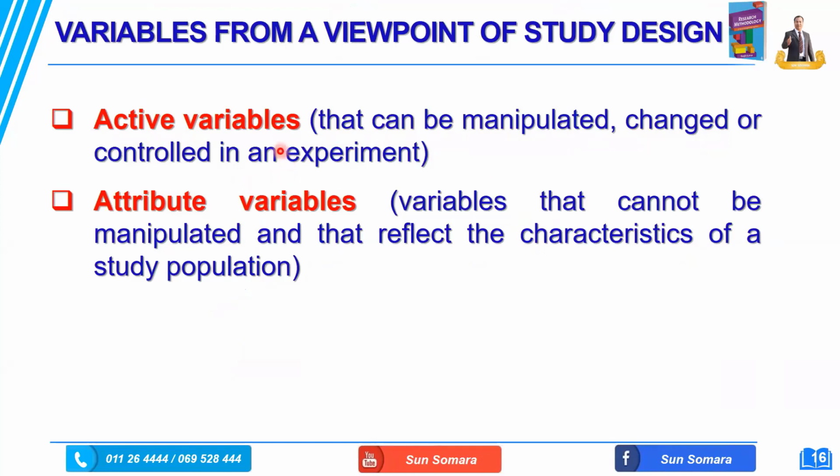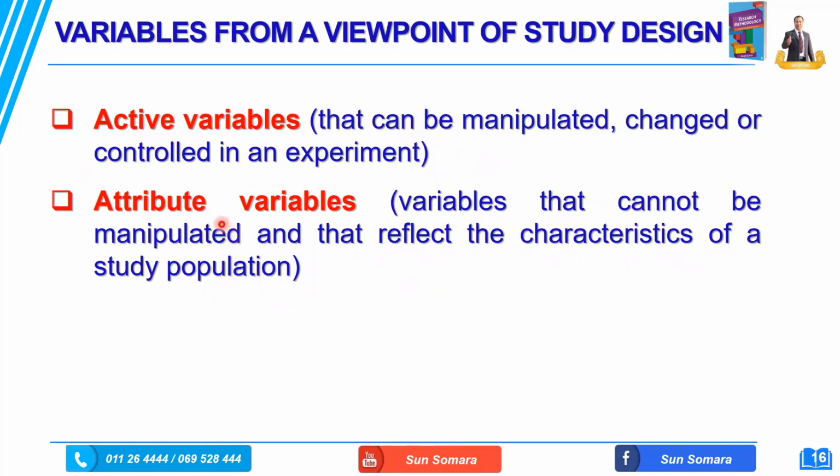This one we call an active variable. And the attribute variable cannot be manipulated and reflects the characteristic of the study population. Like dependent variable and independent variable here.